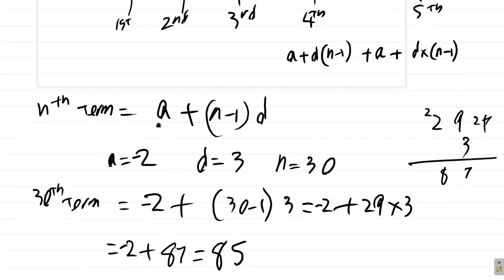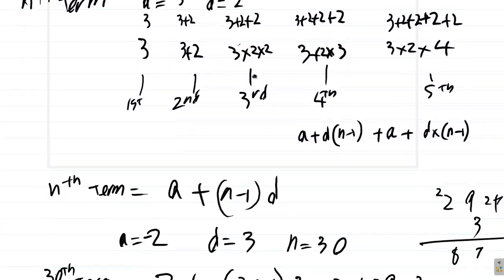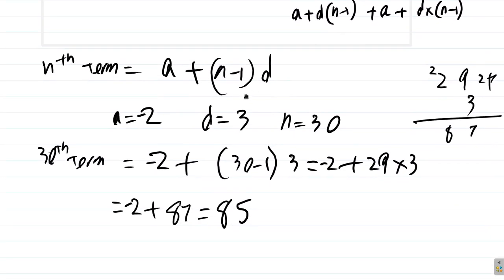Remember that a plus n minus 1 times d is the nth term of an arithmetic progression. It's good to remember. You don't have to try and derive it again. Now, when we substitute the values, negative 2 plus n, which is 30, minus 1, times d, which is 3, when you work it out, you get 85. That would be the 30th term.